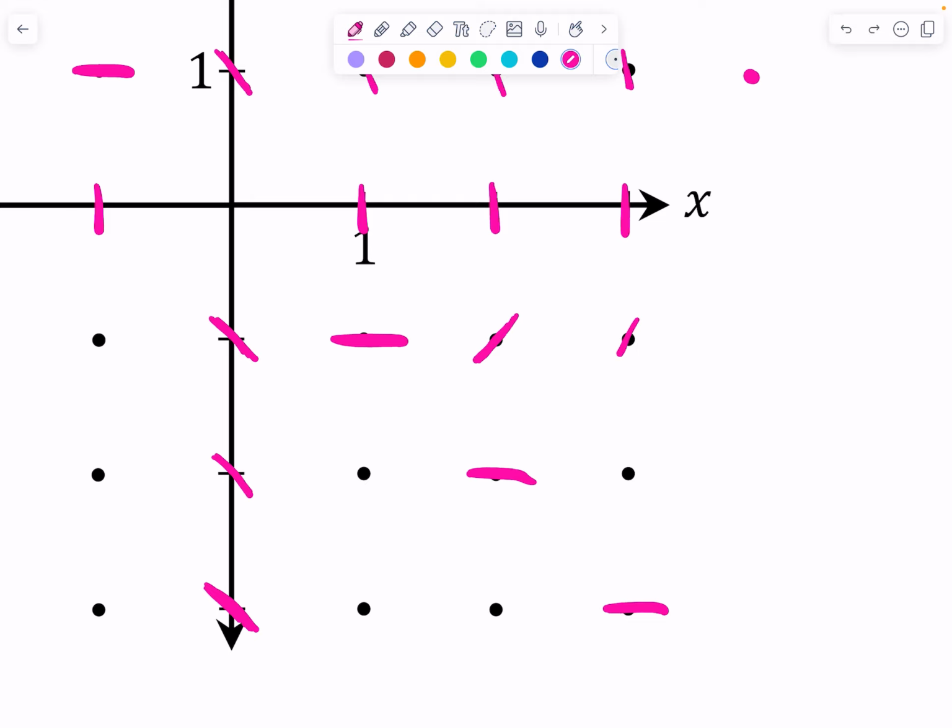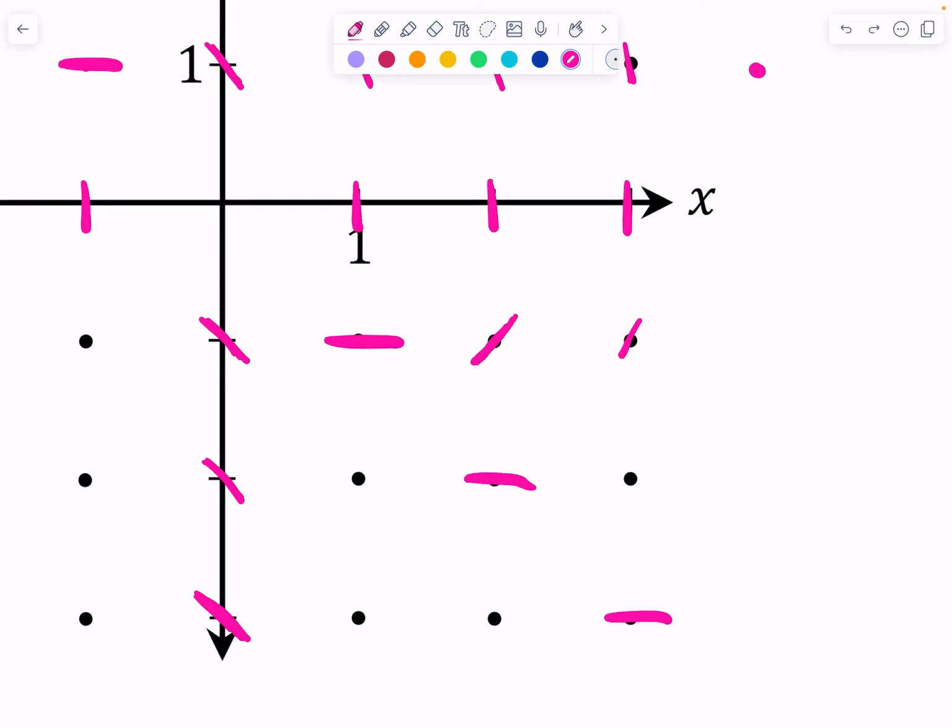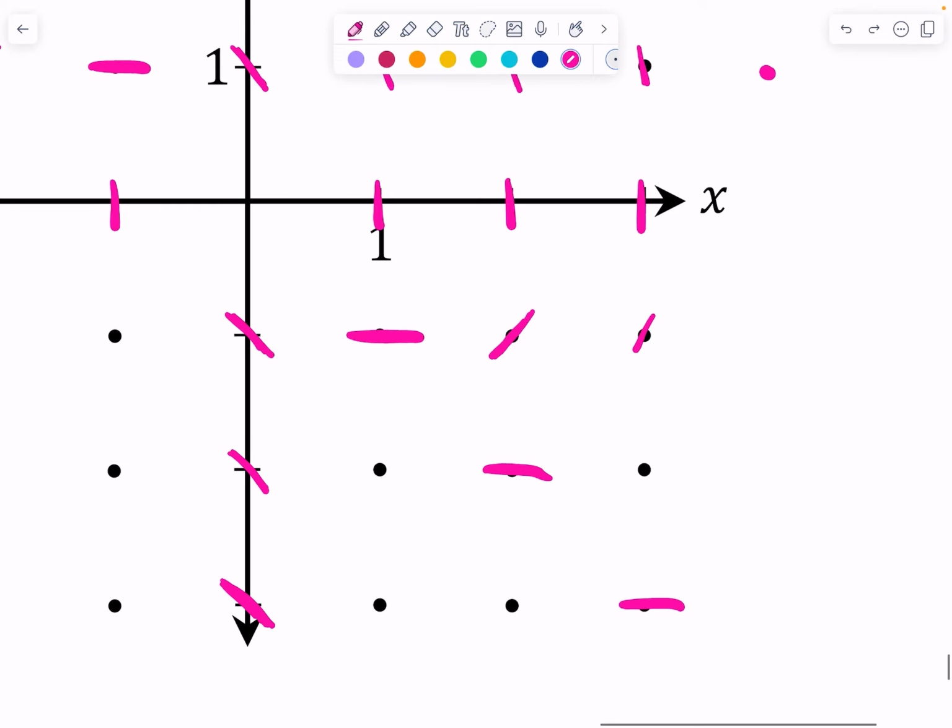This becomes positive 1/2. Over here, 1 minus 2 is negative 1, divided by 2, divided by negative 2 is 1/2 times negative 1. We're looking at negative 1/2 right there.